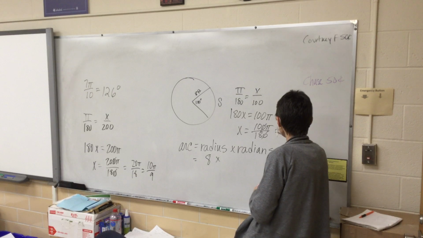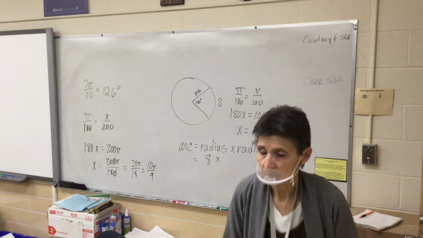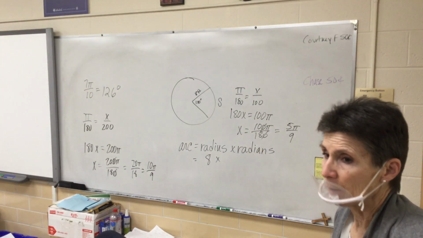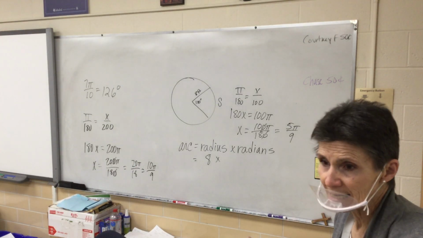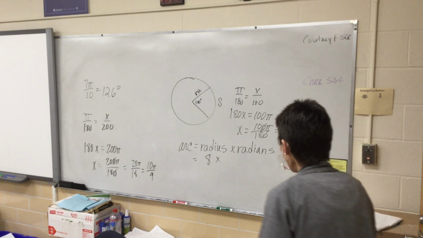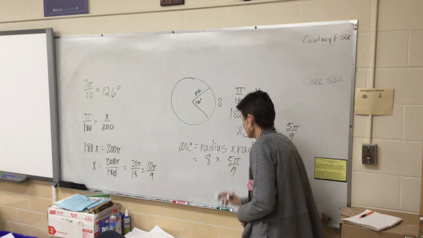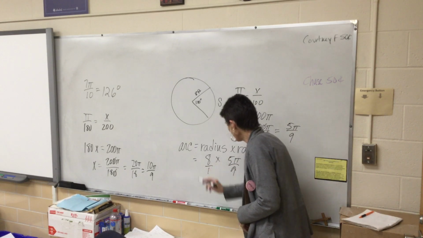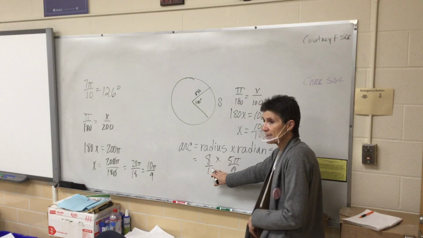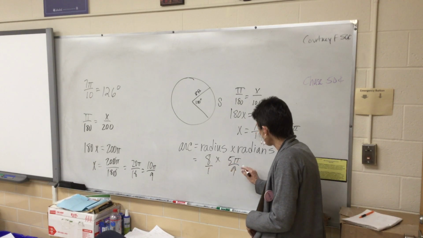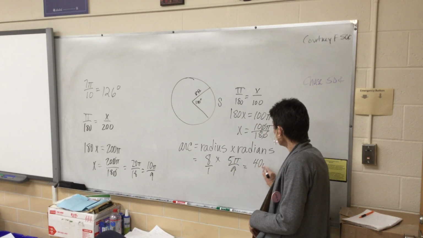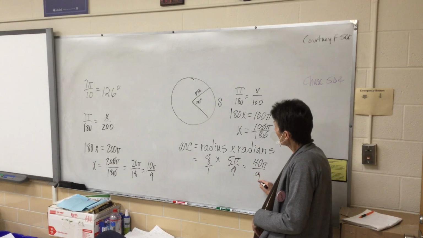Pi over 9, I should say. Now, what's that? That's the radian measure. So that is going to get multiplied by 8. When you multiply these, think of the 8 as 8 over 1 and go straight across. 40 pi over 9.